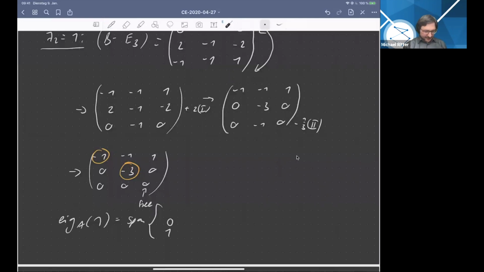Then we look at the first row. With this 0 and this 1 already set, what do we need to choose for x1 to make this work? Well, the answer is 0, 1 times -1, 1 is 1. And we have a coefficient of -1 here, so we need to choose a 1 for x1. So 1, 0, 1 times -1, -1, 1 will result in 0, and that's what we want. So that's our second eigenvector.